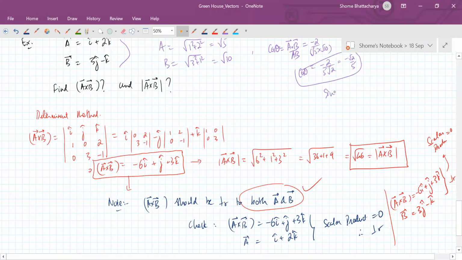So how much will sin theta be? This. So square root of 1 minus 2 by 25. So that is square root of 23 by 5.